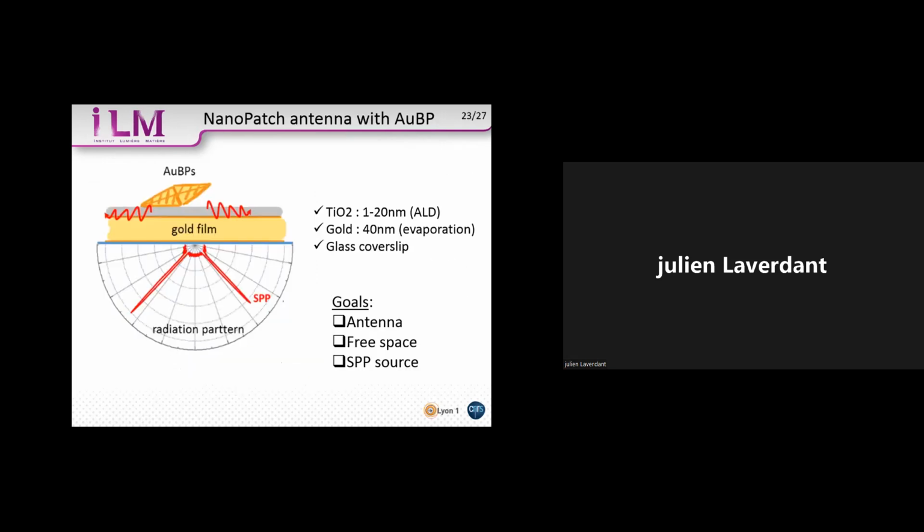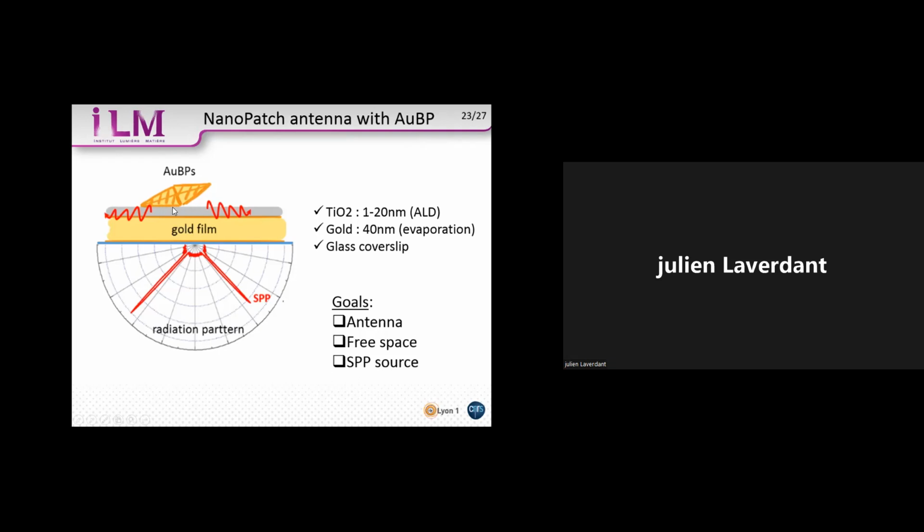And so what we are interested in, in the case of photonics, and it can be very useful also for sensing, is that if you deposit these bipyramids near a gold film, you can have a strong interaction with light in between the two.